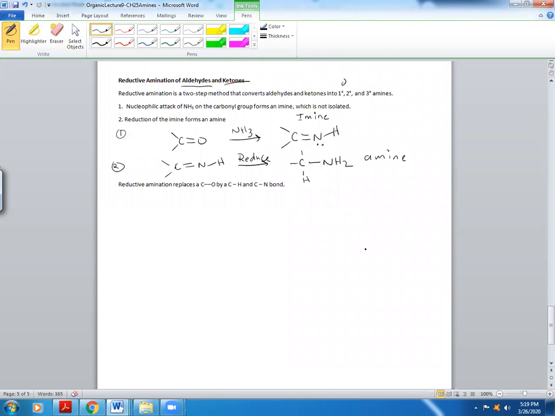What do we use for this? Well, we use the following reagents, but let's look at an example. Okay.